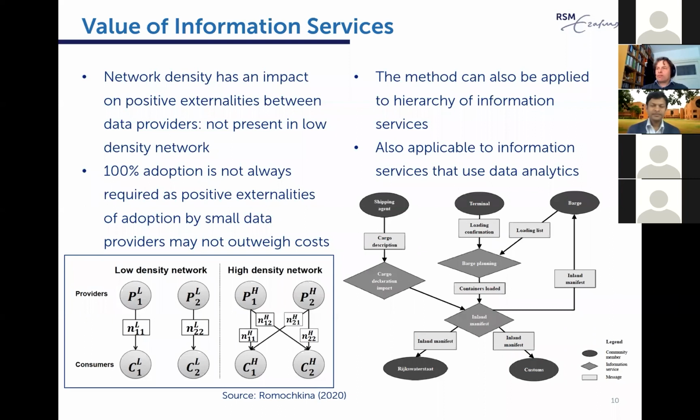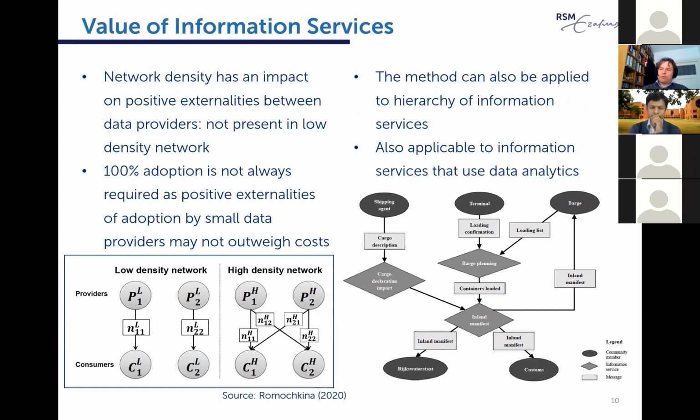So we see here that, for example, the terminal is providing the data to allow for the barge planning. This is the immediate reason why they bring their data. But they might also be confronted with reuse of the data.